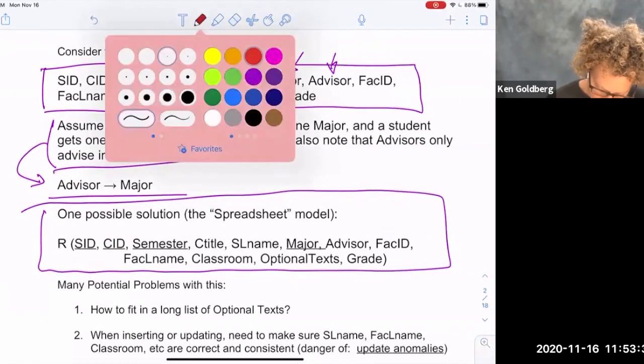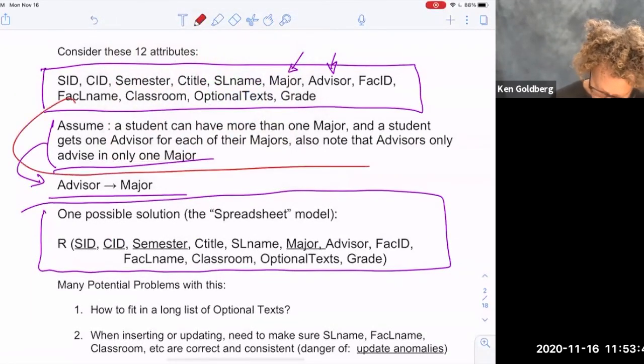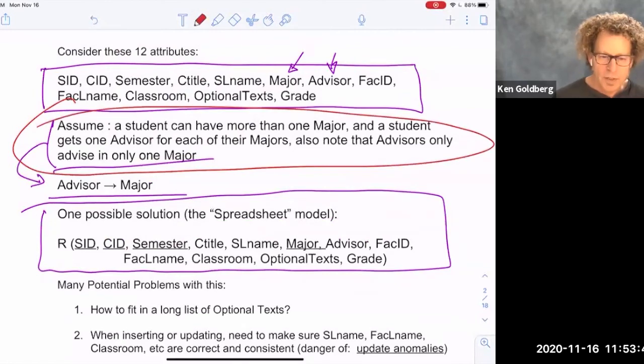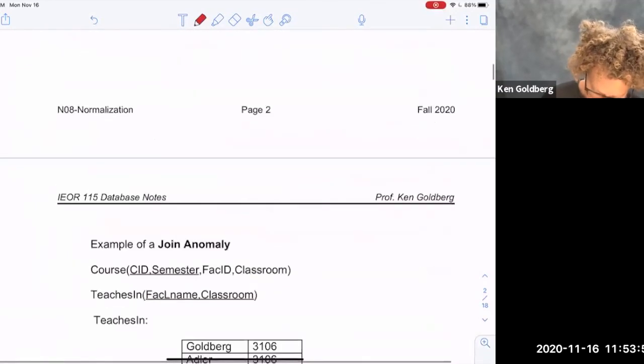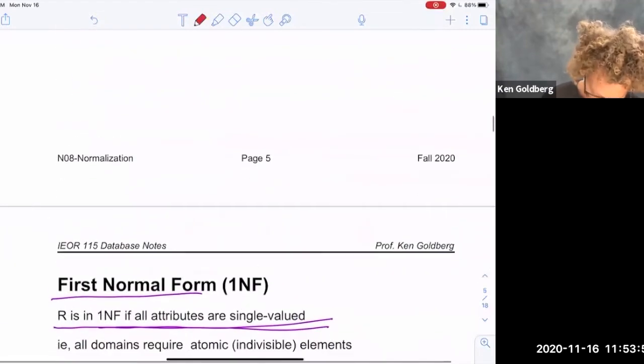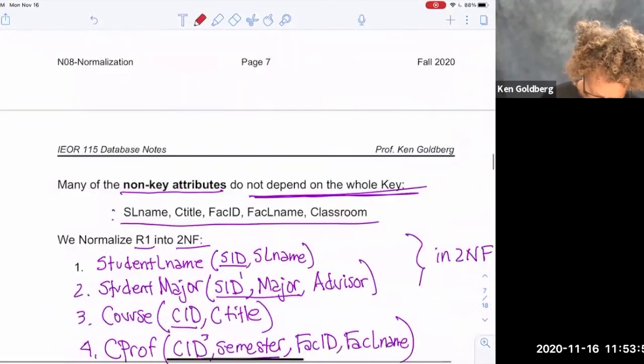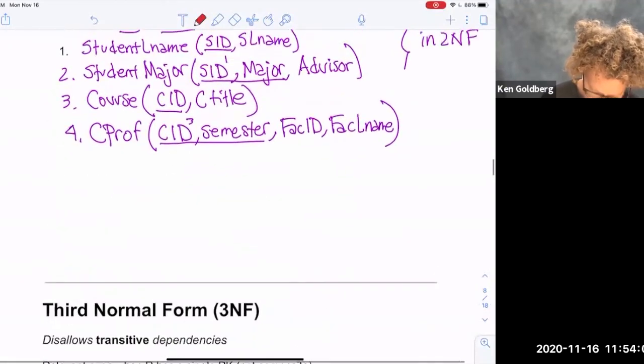Let's make that red. A student can have more than one major, and a student gets one advisor for each of their majors. And also note that advisors only advise in one major. Okay. So now let's go back to where we were. All right, there we are.